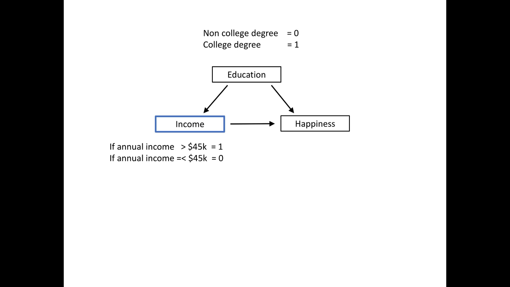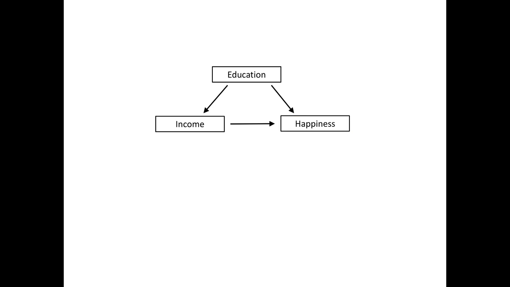If the person has an annual income above $45,000, we set the variable to 1. If not, set the variable to 0. Finally, define happiness as a variable with two categories. If the person reports that she is happy, set the variable to 1. If not, set the variable to 0. When the variables have two categories, as in our example, we refer to them as binary variables.